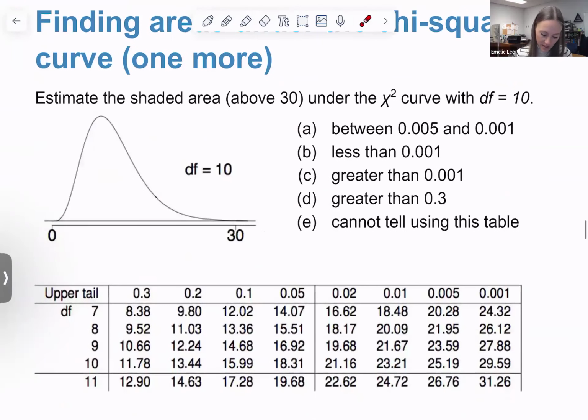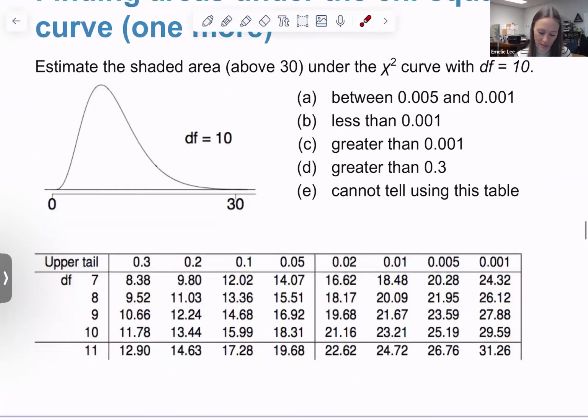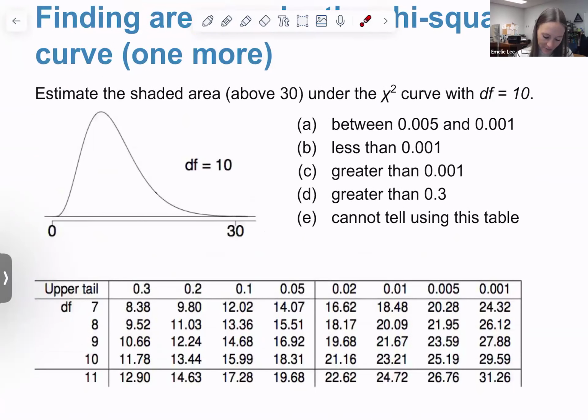Now they give us a bigger table, right? I gave you a condensed table, it's all you'll need, and more degrees of freedom. Of course, there's tables upon tables upon tables that you could find. And so here we have 30, and it's not obvious, but we want to find the area in the tail, right? And so here we have 10 degrees of freedom, meaning we have 11 categories.